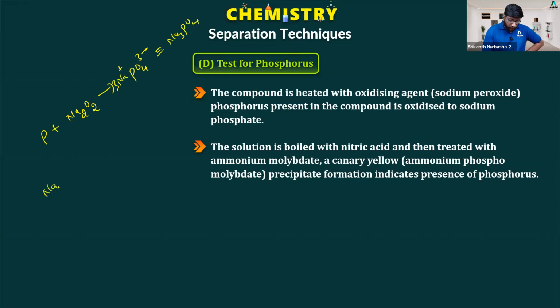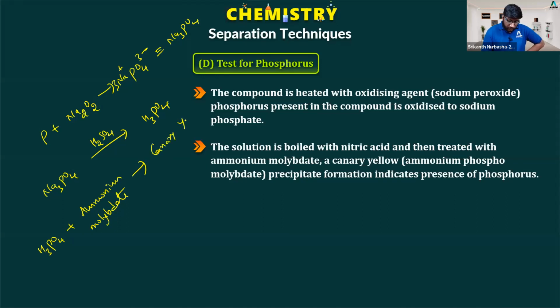This Na3PO4 is converted to H3PO4 in the presence of some acid. This H3PO4 is treated with ammonium molybdate, (NH4)2MoO4, which gives a canary yellow precipitate.